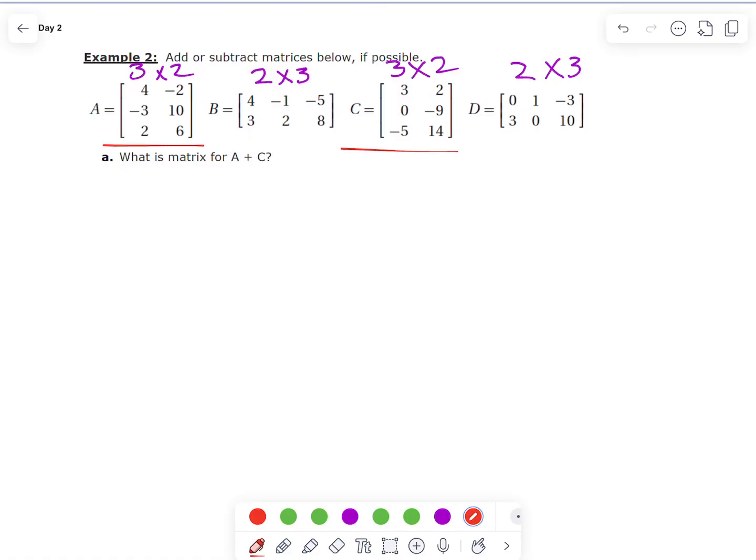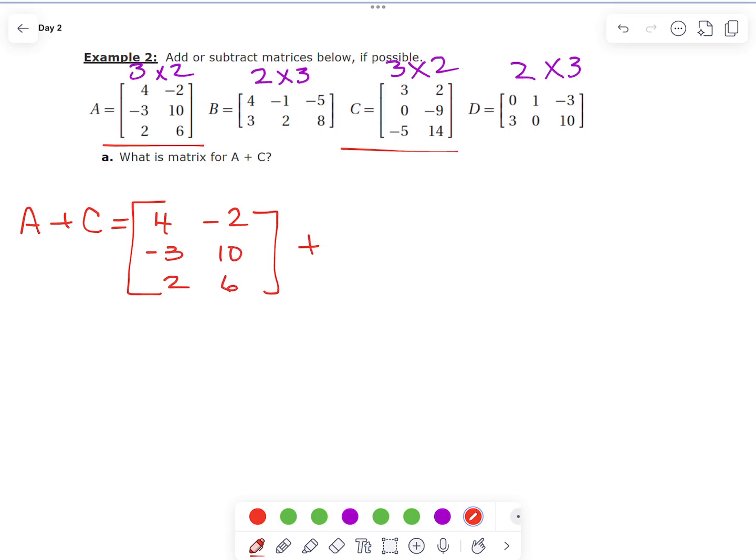So we're going to go ahead and add A and C together. So we look at the dimensions. The dimensions are both a 3 by 2, so we're good to go. So we can go ahead and add those two together. So A plus C. So A is 4, -2, -3, 10. I'm just writing the elements down.